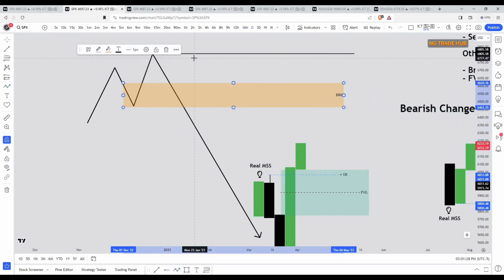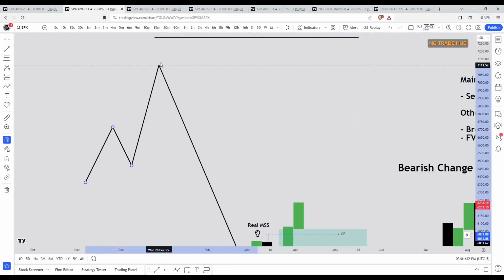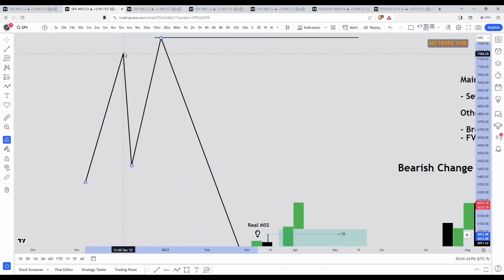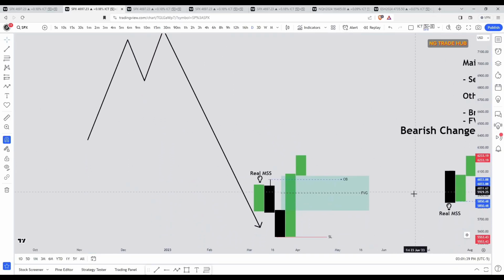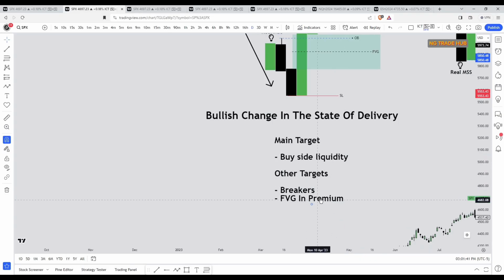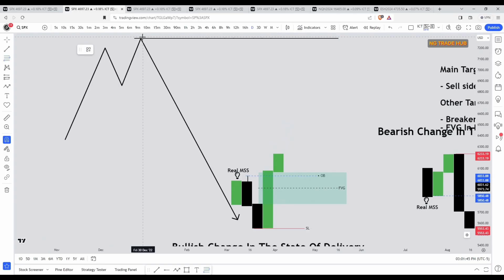What could also be a target, let's say that this is even a little bit higher up. Let's say the buy side is all the way up here. Sometimes it's not always going to be that close. What you could do, like I stated right here, is target a fair value gap in a premium. From this high where it started that delivery and that speed to the downside, you're going to draw a fib from that swing high to the swing low of where the order block came in.